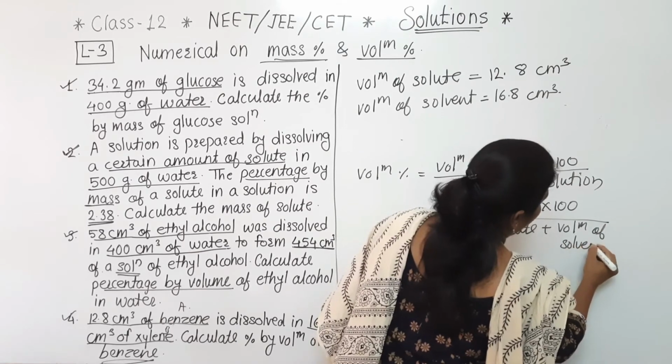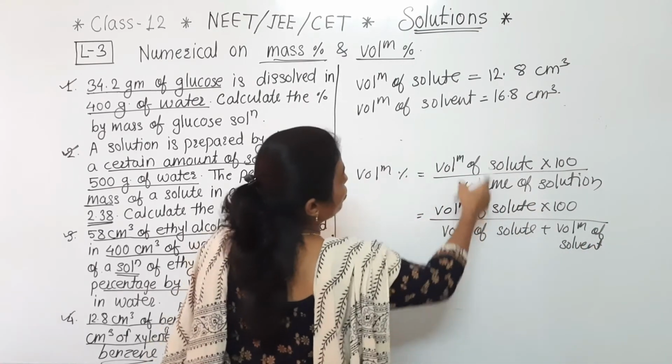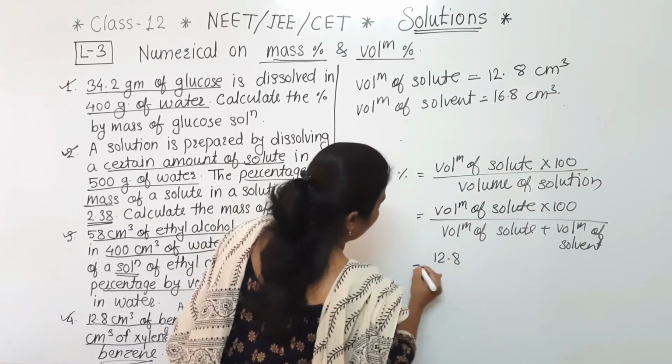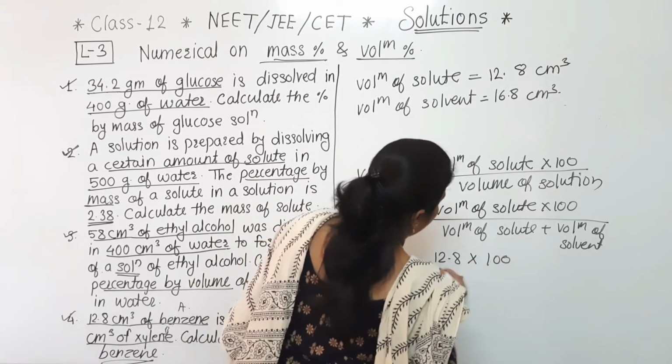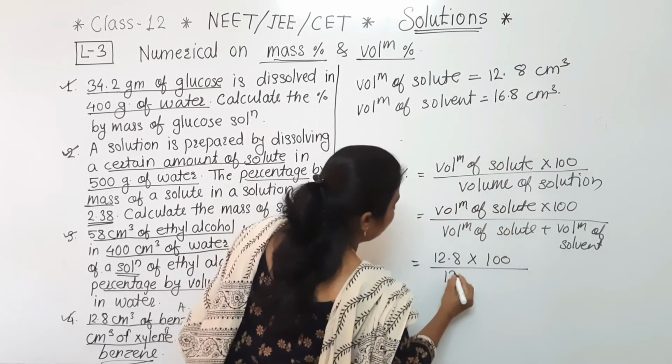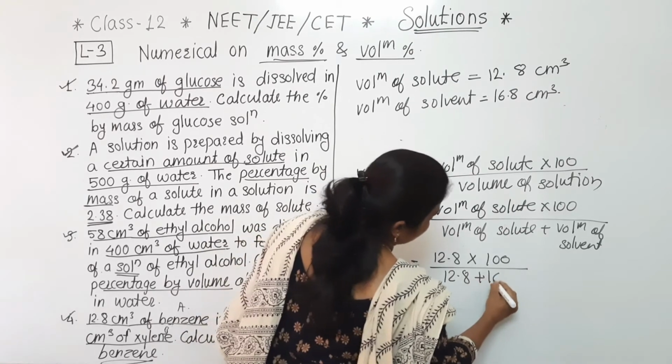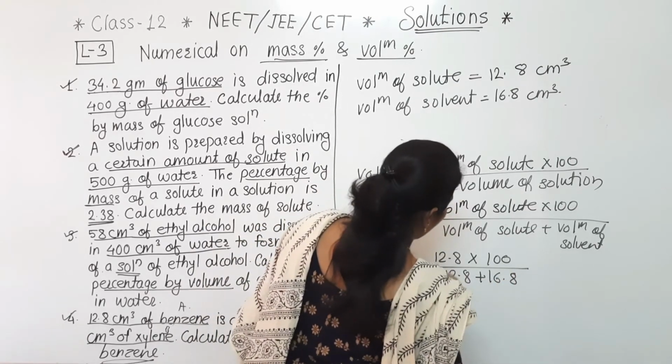and that is nothing but the volume of solute is 12.8 into 100 divided by 12.8 plus 16.8, and what will be its sum?